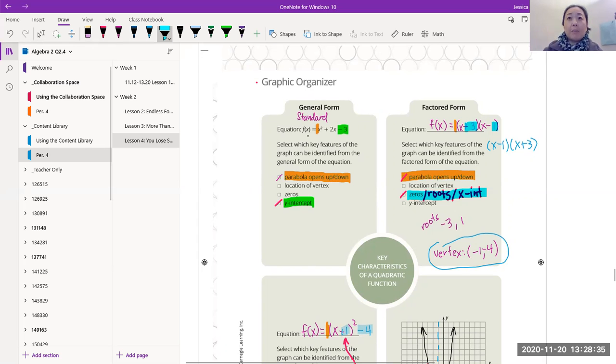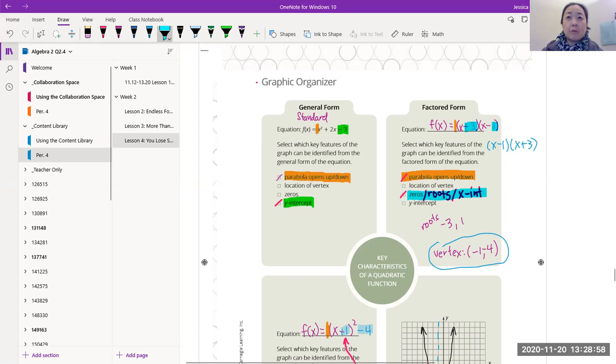We do know, remember that leading coefficient right there, that first number, that's going to give us whether it opens up or opens down, right? So in this case, since it's positive, it is going to open up this way, right? And then we also know very easily the y-intercept. Just by looking at it, we know that that's going to be -3, just like how we found out in our do now, right?